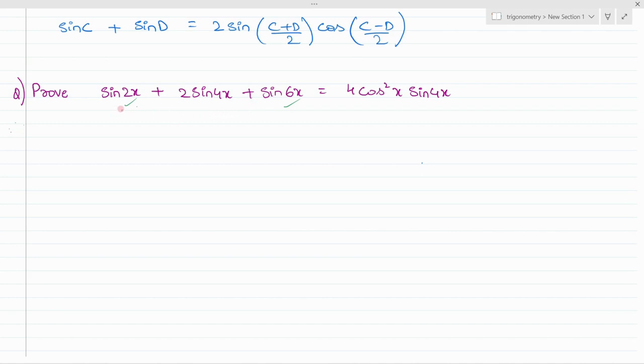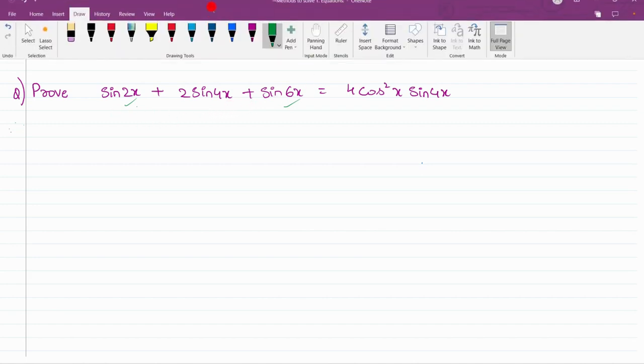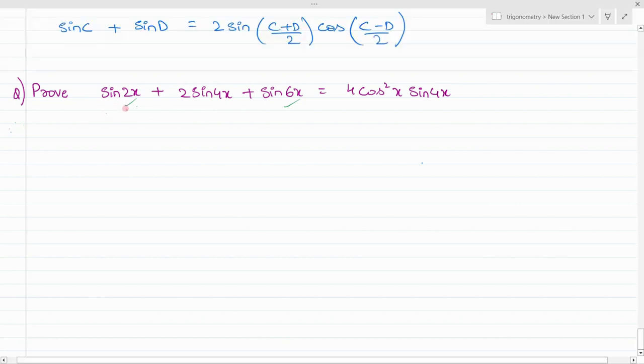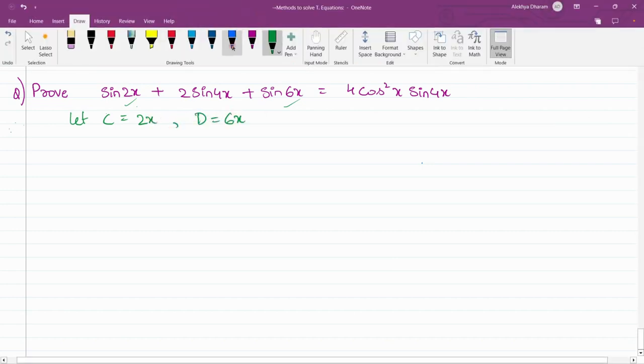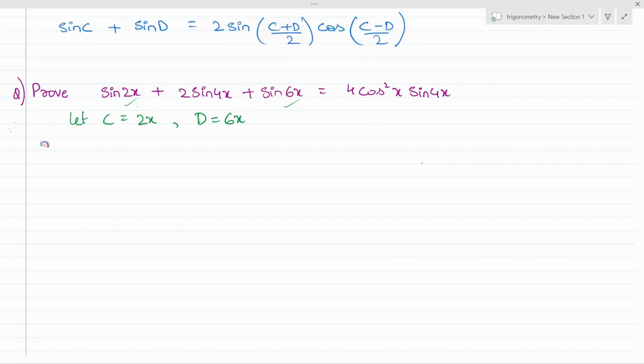So here, first let's sum up these two values. Let C be 2x and D be 6x. We can write it as 2 sine C plus D by 2, so 2x plus 6x is 8x by 2, into cos C minus D, which is minus 4x by 2.